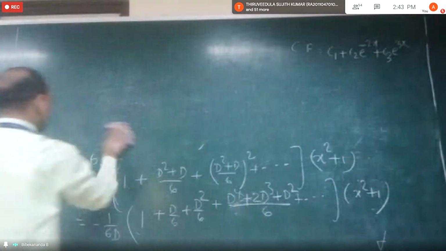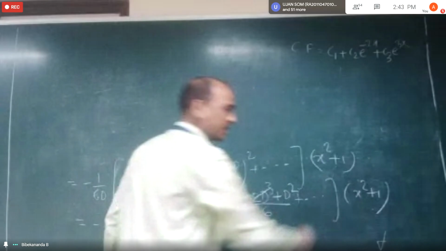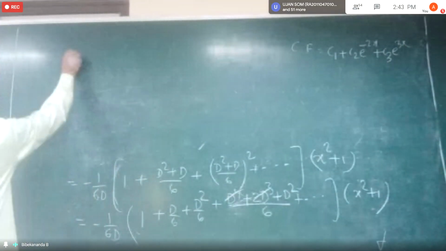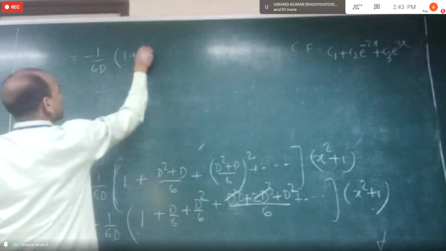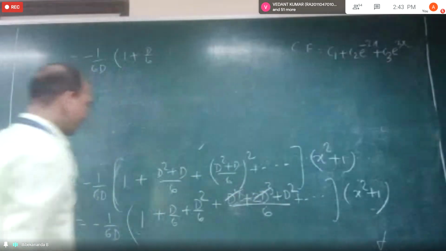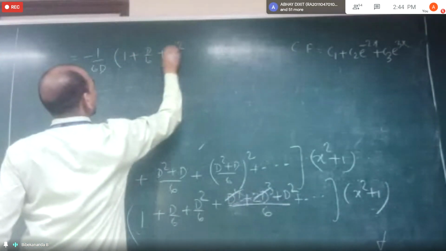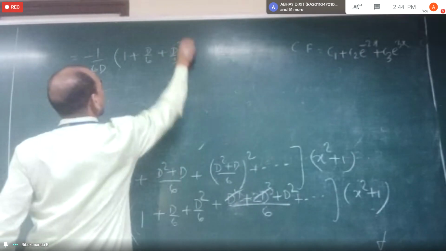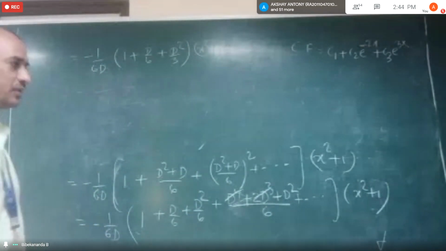D4 and D3 will be 0 because the maximum degree is 2. So you can have 1 by 6D into 1 plus D by 6, and then D square by 6. Here we are having D square by 6 plus D square by 6. What will that be? D square by 3, into x square plus 1.